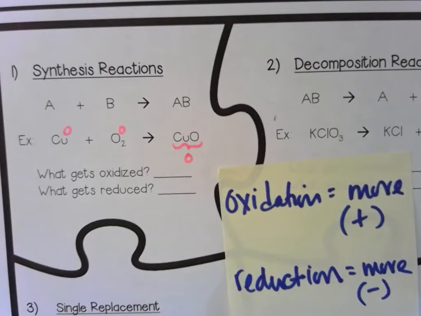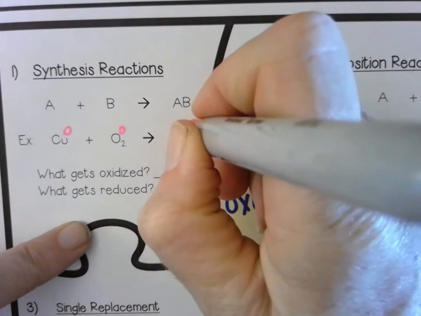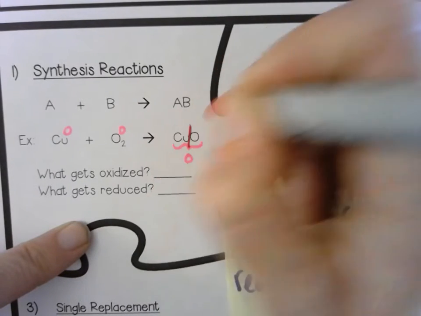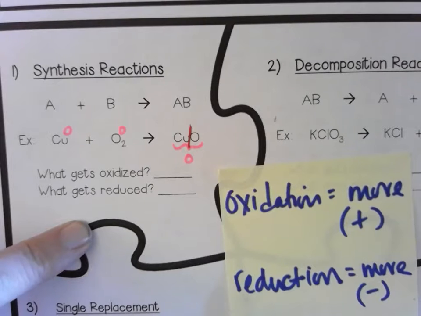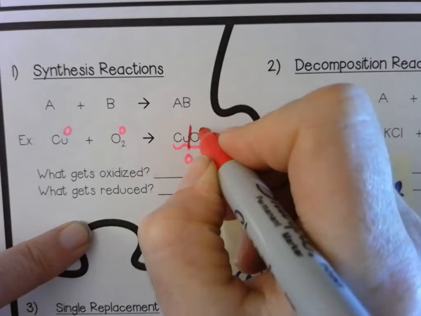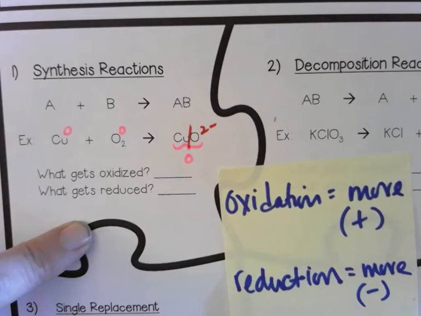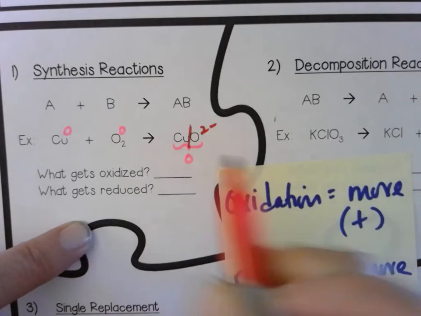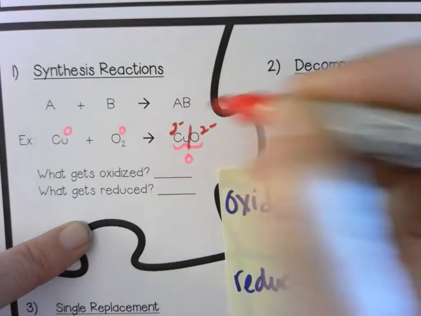This is an ionic compound. It's made out of a metal and a non-metal, so I'm going to split it in half. So there we go. Now oxygen is in group 6A. All oxygen ions have a charge of -2. It's a 1-to-1 ratio, so this copper has a +2 charge.